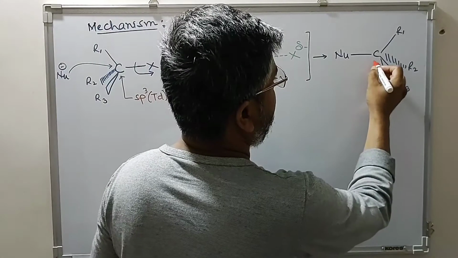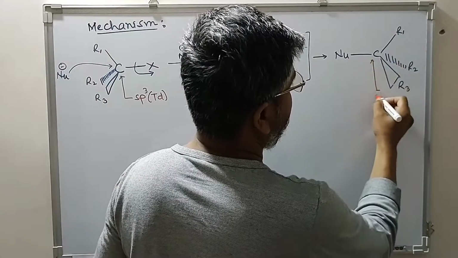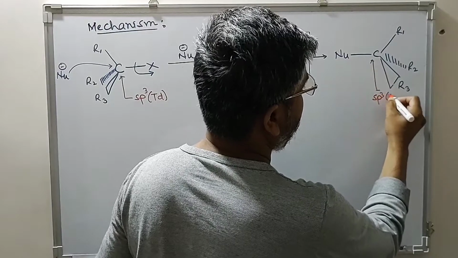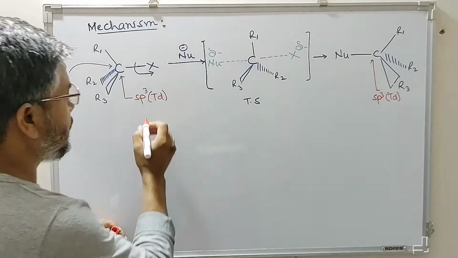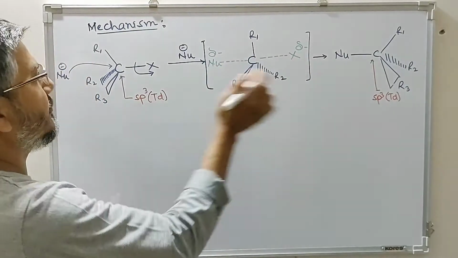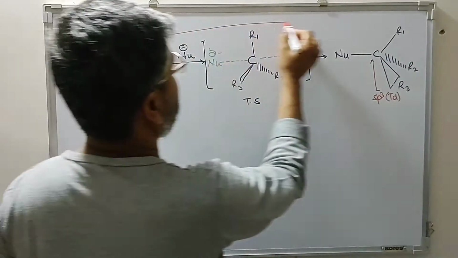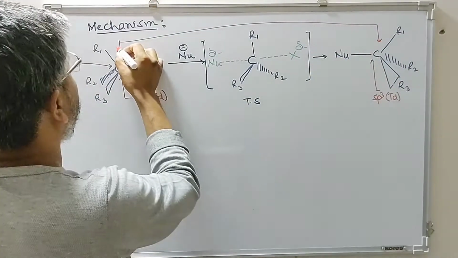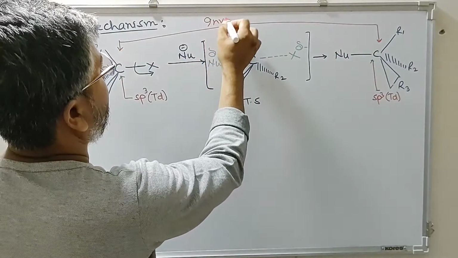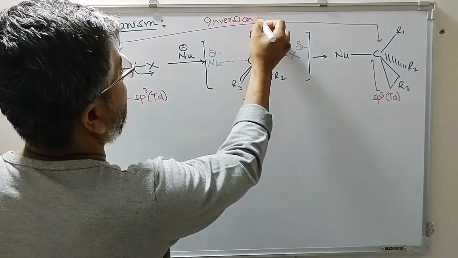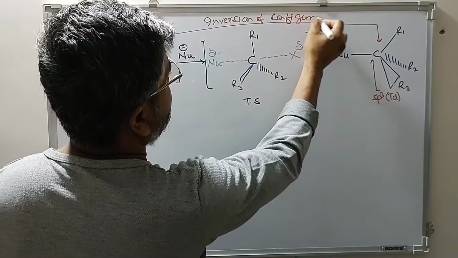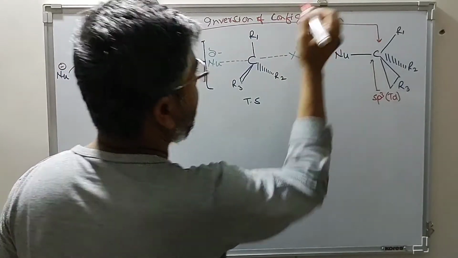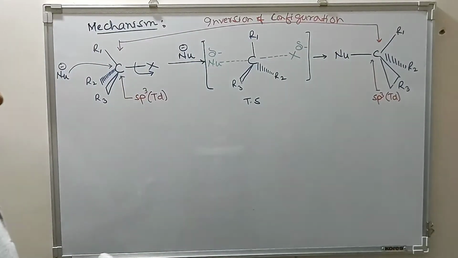Final product, this carbon is again sp3 and tetrahedral. The only thing is these two have configuration inverted. Inversion of configuration. So the configuration of reactant and the product is inverted.